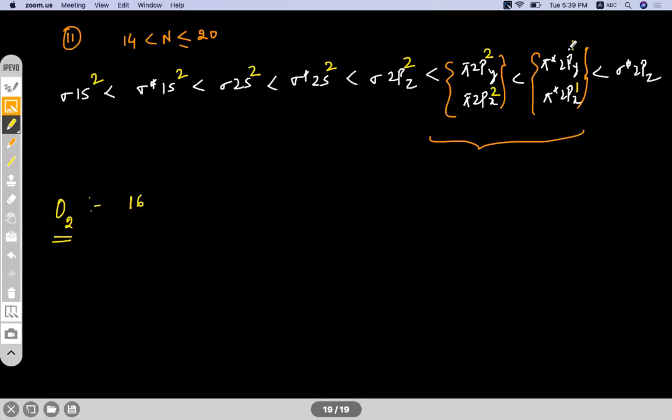You see, since we have unpaired electrons present in the orbitals, that's why oxygen is paramagnetic, with 2 unpaired electrons.